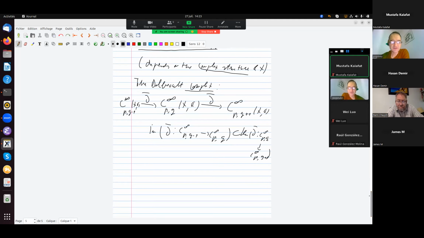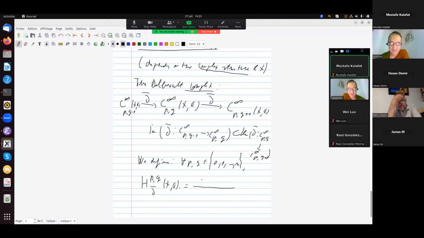And as usual, because this is a complex, we define the cohomology as the quotient of the larger space by the smaller space. So the cohomology measures how far we are from having equality. So we define, for every p and q. Again, in theory, they can be any integers, but we get non-trivial things only if p and q are from 0 to n. We put H^{p,q}_{d bar}(X,C).